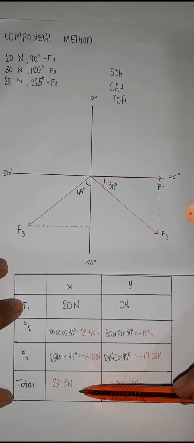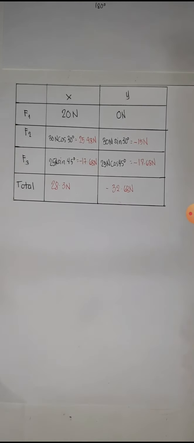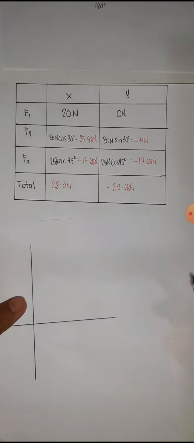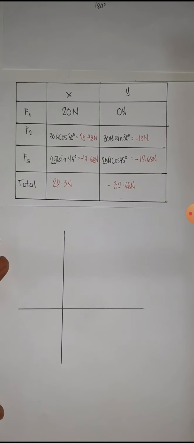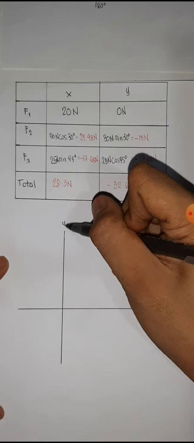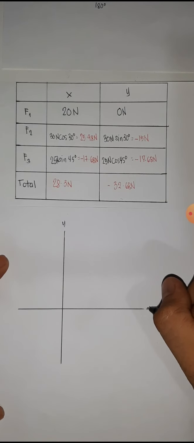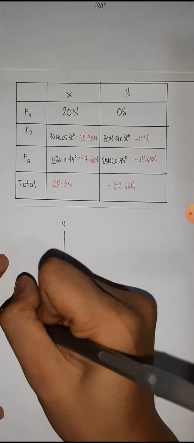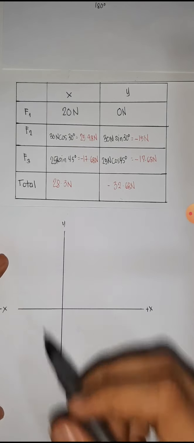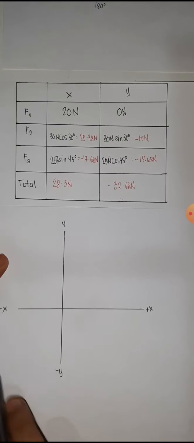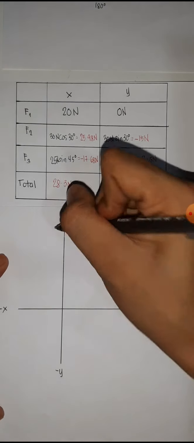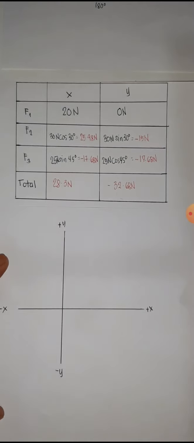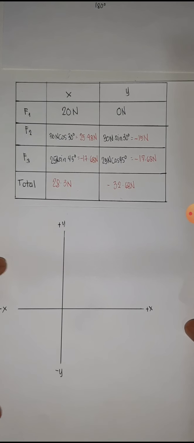If you're going to graph that, let's say this is your Cartesian plane. You have here the positive y-axis, this is the positive x-axis, this is the negative y-axis, and this is the negative x-axis.